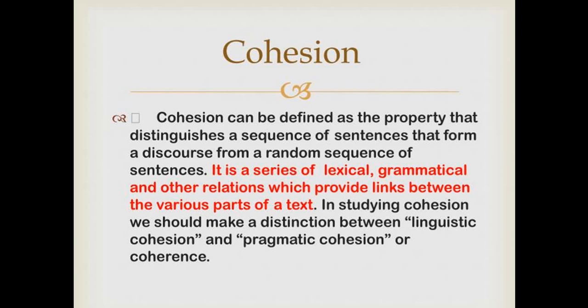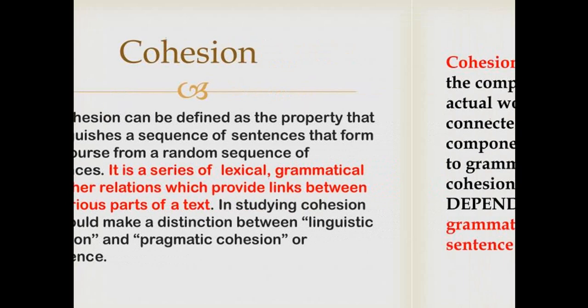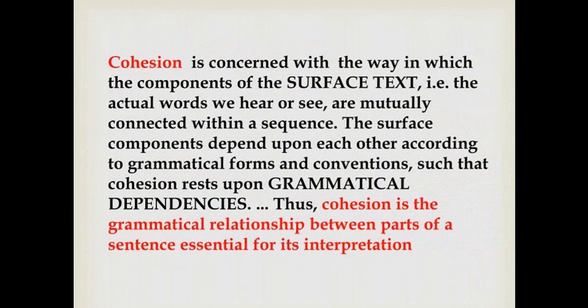In studying cohesion, we should make a distinction between linguistic cohesion and pragmatic cohesion or coherence. Cohesion is concerned with the way in which the components of the surface text, for example, the actual words we hear or see, are mutually connected within a sequence.